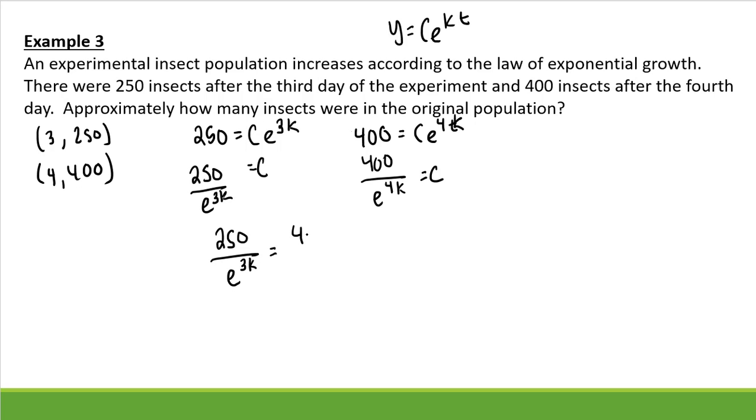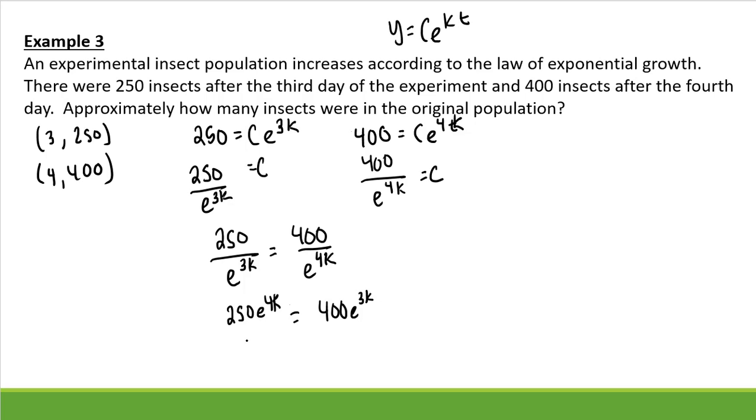Okay, so I cross multiply here. 250 e to the 4k is equal to 400 e to the 3k. And I'm going to divide by e to the 3k. So I get e to the k, subtracting your exponents, equals 400 over 250.